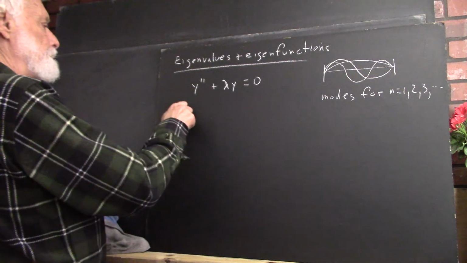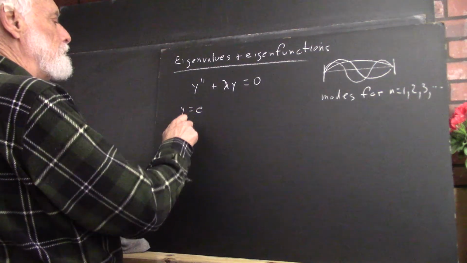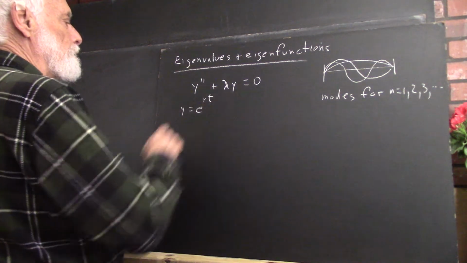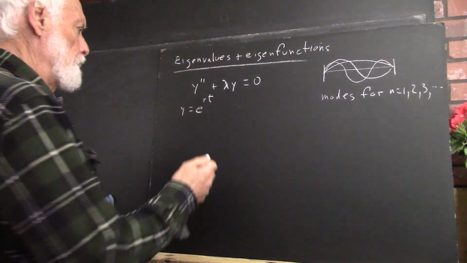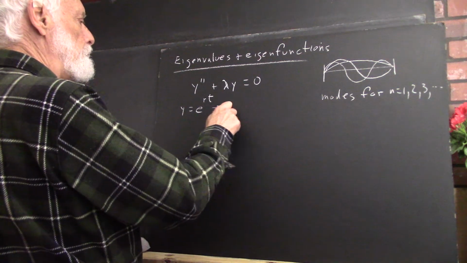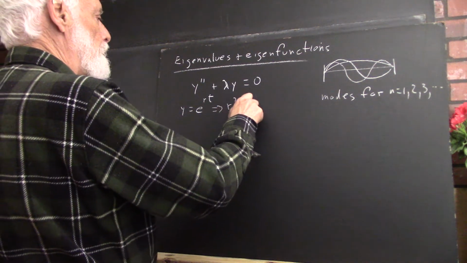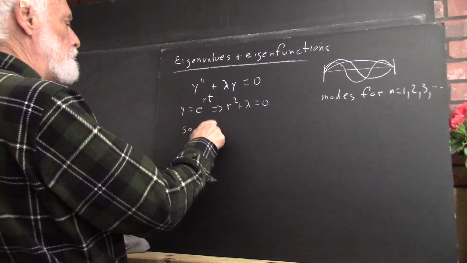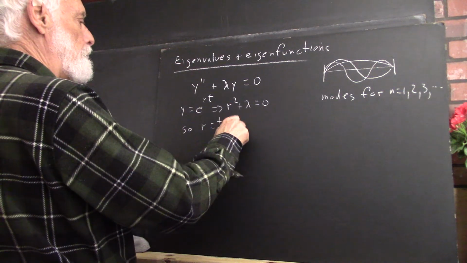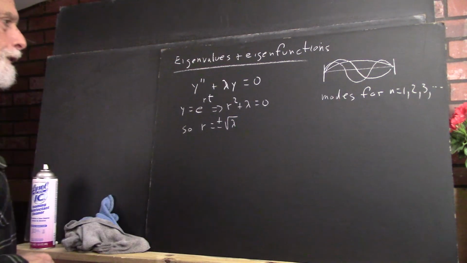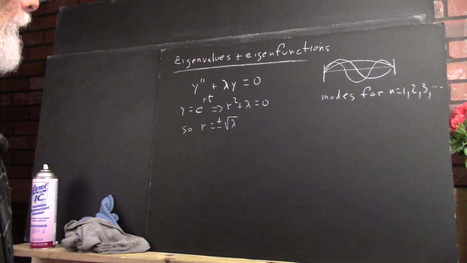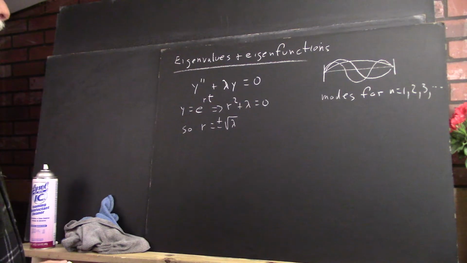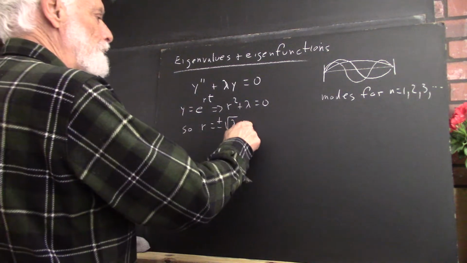Well, if you plug in y equals e to the rt, you get r squared plus lambda equals 0. So r is plus or minus the square root of lambda times i.